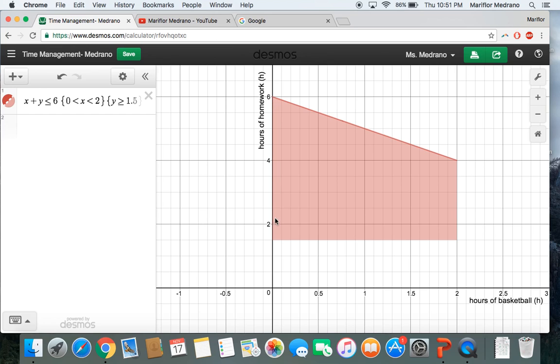I'm going to label these 4 points that make up our shape, our overlapping area. The first point I'm going to do is here. This means that if I didn't play basketball, I could do 6 hours of homework. So I'm going to write a note about that: 0 hours of basketball and 6 hours of homework.